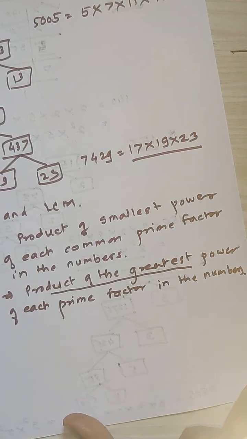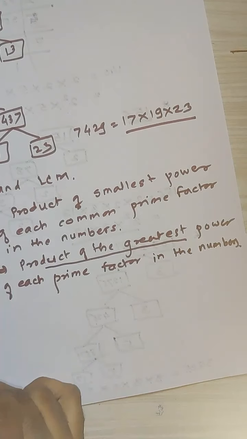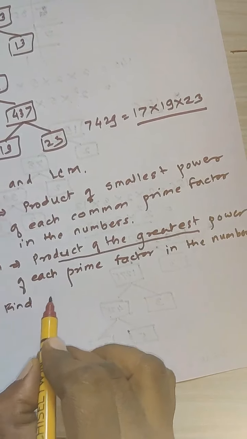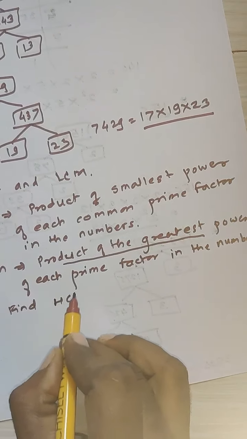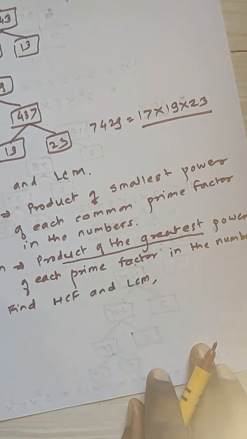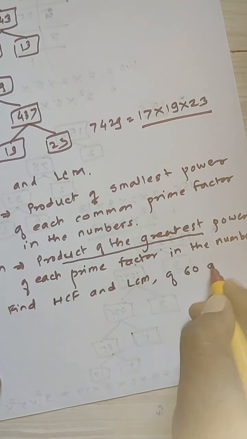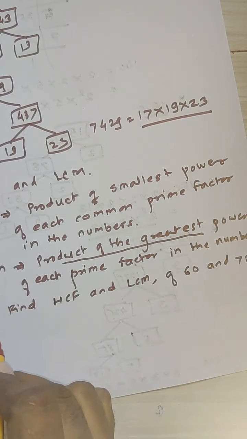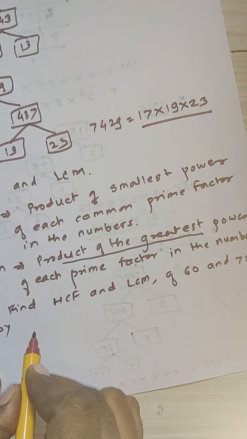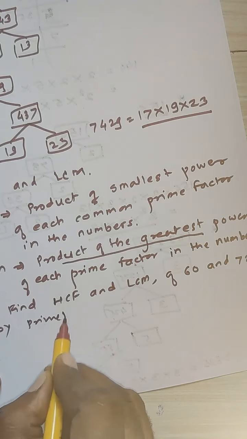So first we will take an example: find the HCF and LCM of 60 and 72 by the prime factorization method or using the fundamental theorem of arithmetic.